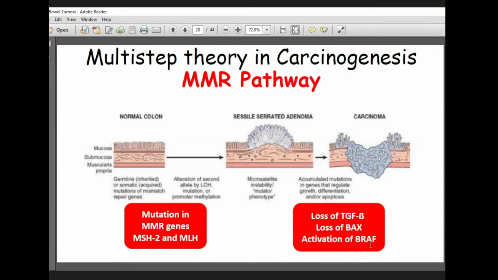BAX and BRAF are involved in apoptosis, and transforming growth factor beta is a growth factor. This will lead to development of the carcinoma. Here also it goes normal colon, adenoma, carcinoma. This is the mismatch repair gene or microsatellite instability pathway.